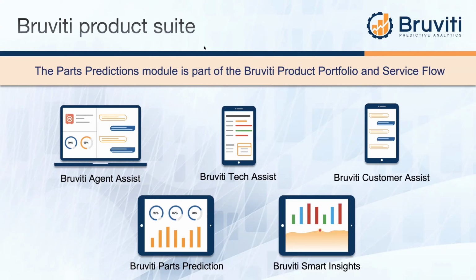But when you get into an area where you have a broader range of products in service that you have to support, or you're dealing with an environment where you have third-party service contractors, that environment is even more set up for benefit from parts prediction. But in the OEM case, if you can move the needle on better performing parts prediction even a little bit, cost savings are really, really large.